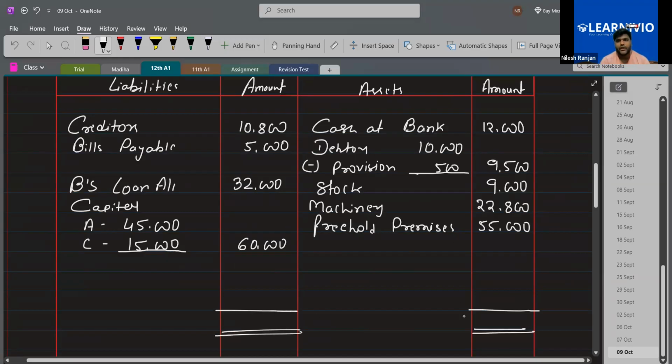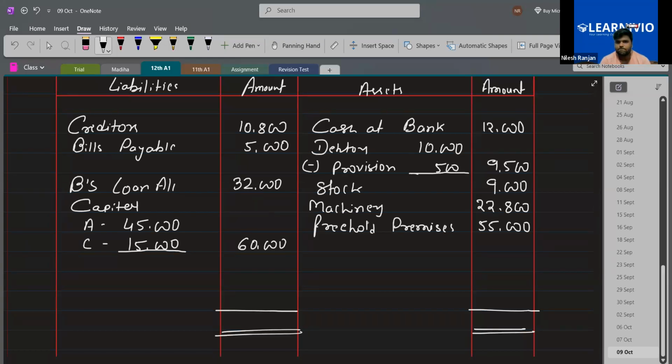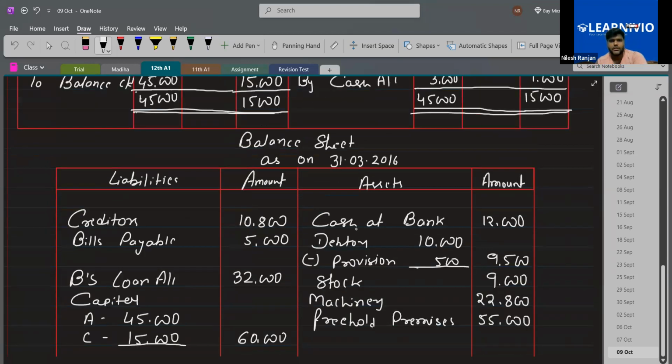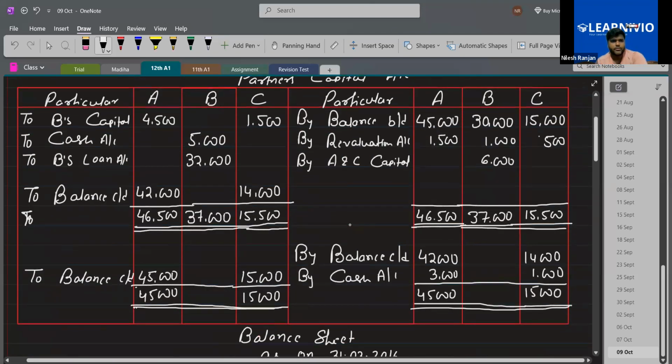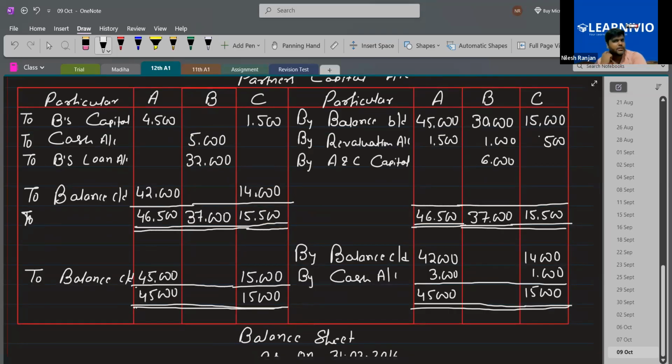Okay. Now calculate the total amount. 45,000, 9,500, 55,000, 20 cash at bank, B capital, 4,500, 1,500, revaluation profit, 46,500 minus 4,000.